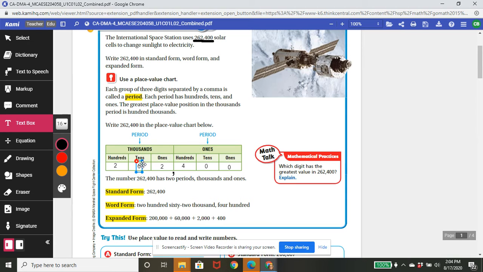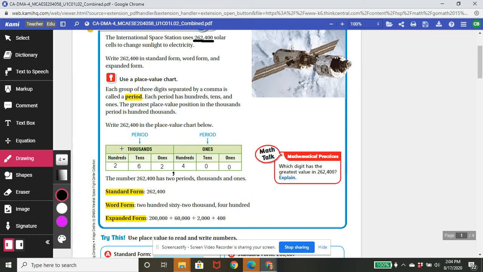200,000, 60. Well, I guess we wouldn't read it right out like that because I would read it as one period. That's why we have it. So for a second, I want you to just pretend that the word thousand doesn't exist, okay? Read it as 262.